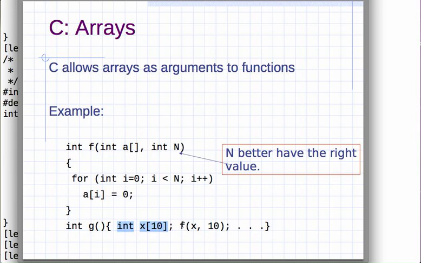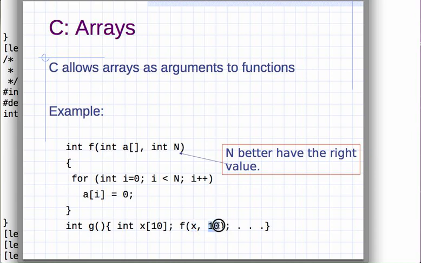And if you call this function f and pass it this array x, that function f will have no idea how big this array is. All it knows is that it has an array. It could be one element, it could be 0 elements, it could be 2 million elements. It doesn't know unless you give it some indication.